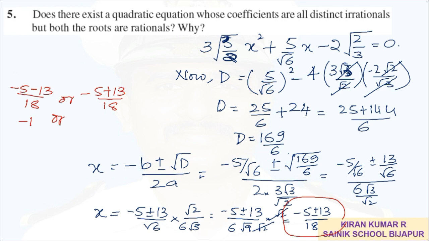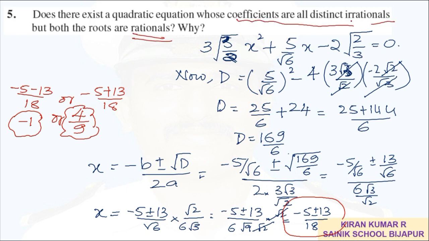It is 8. 8 by 18 is 4 by 9. So look at these numbers. These numbers are rational numbers. So roots are rational when the coefficients were irrational. Therefore the given statement is true.